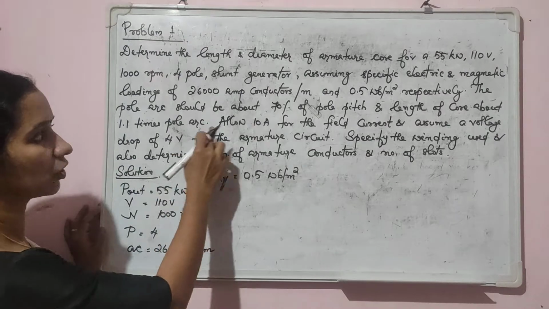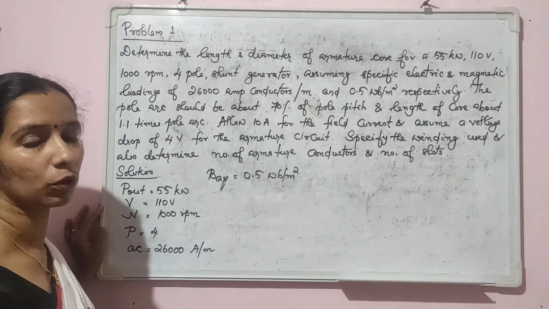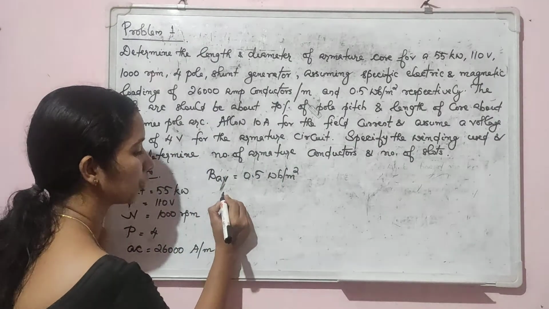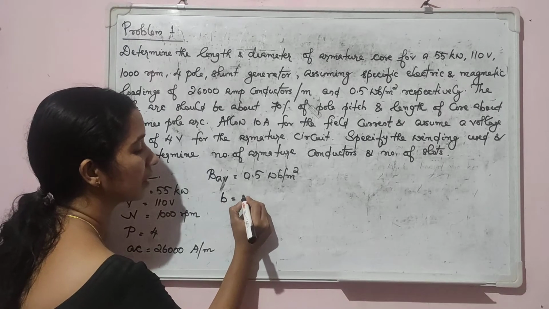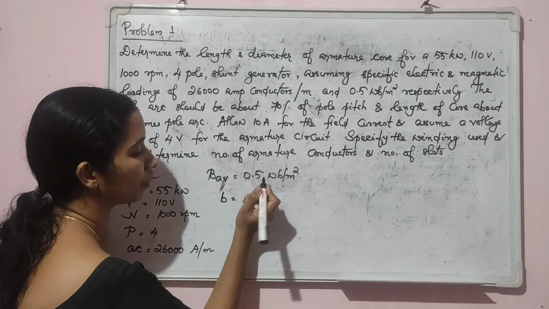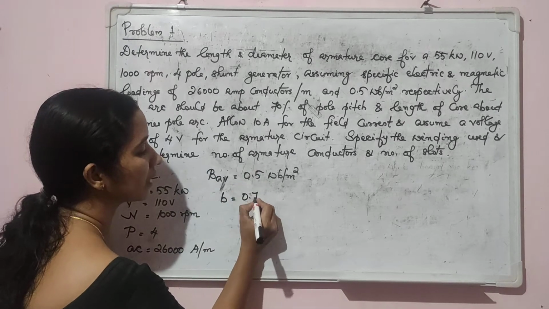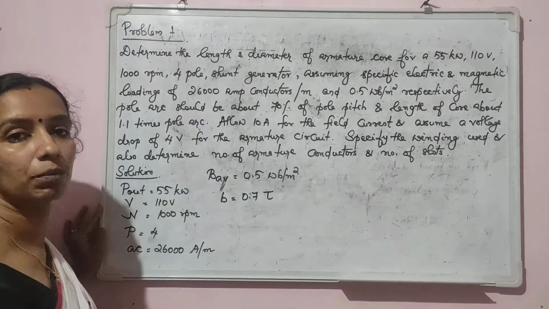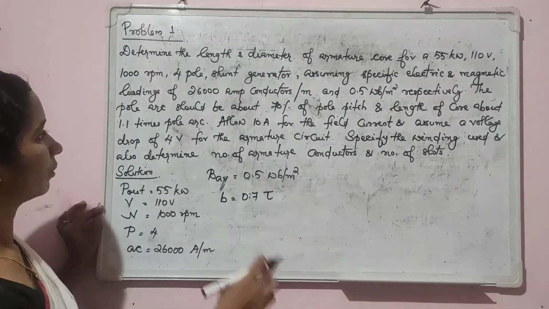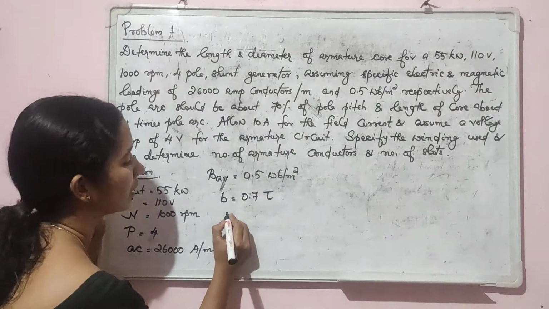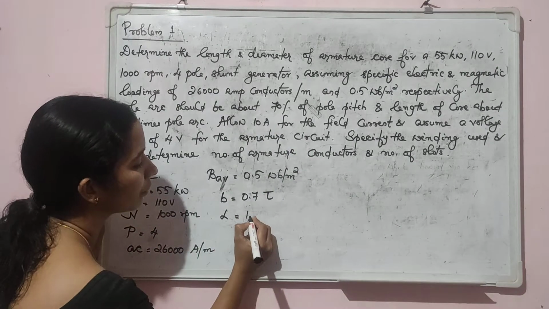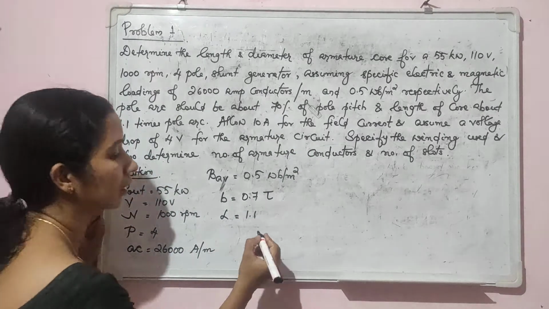Now the pole arc should be about 70% of pole pitch. Pole arc we usually denote as b. It is 70% of pole pitch, that is 0.7 times tau, pole pitch tau. And also core length, that is L, is equal to 1.1 times the pole arc, that is b.